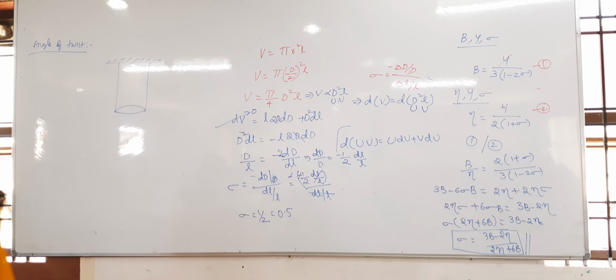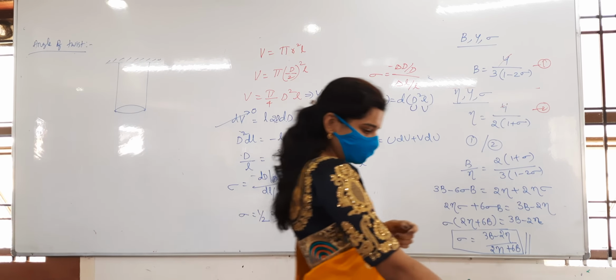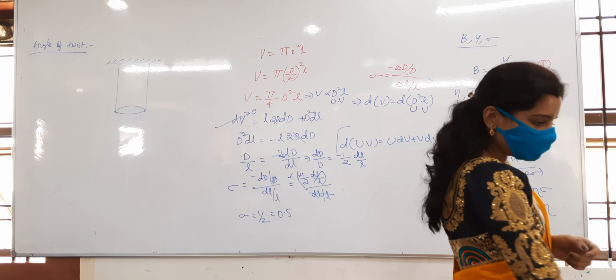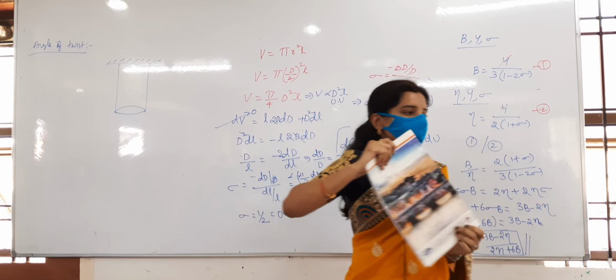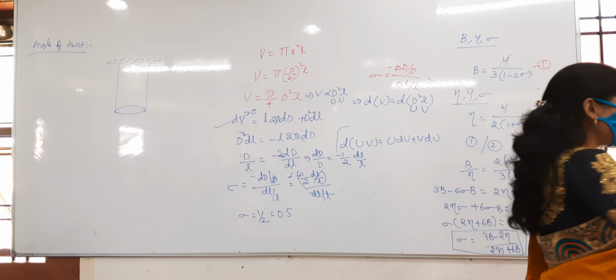Then next one is angle of twist. For this concept, presence of mind should be there. You have to understand that properly. Give me those notes. Twist notes.